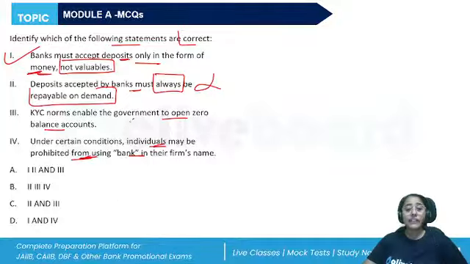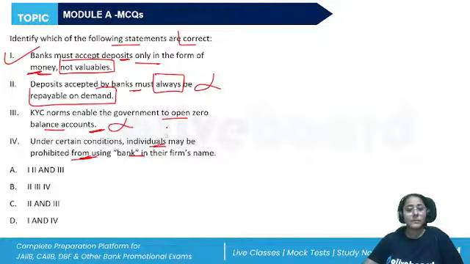KYC norms enable the government to open zero balance accounts. This is also incorrect. The KYC norms might make it feasible to give out direct benefit transfers, to distribute subsidies, or decide the sector of the economy that might need financial inclusion, but to open zero balance accounts is not a purpose.